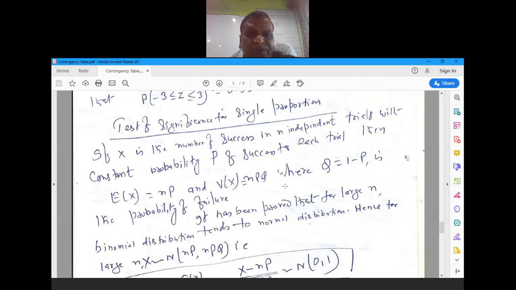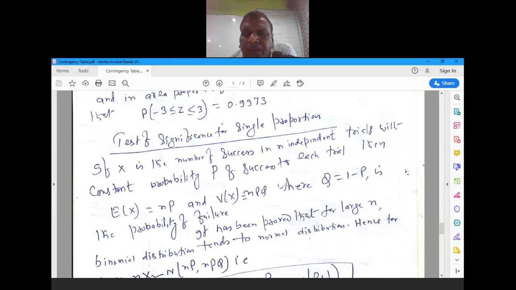If x is the number of successes in n independent trials with constant probability p, do you remember the probability mass function of binomial distribution? Anybody? What is the probability mass function of binomial distribution, and what are the mean and the variance of binomial distribution? Do you remember? No.